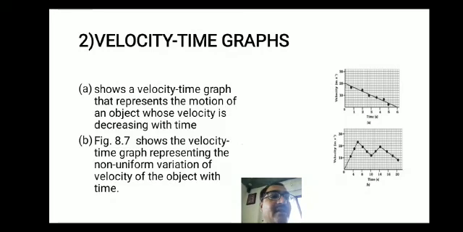Its velocity should be increasing, then again decreasing for various times. A third time it should be increasing, and again decreasing. So that is a variation, increasing and decreasing velocity. This is the second velocity-time graph.